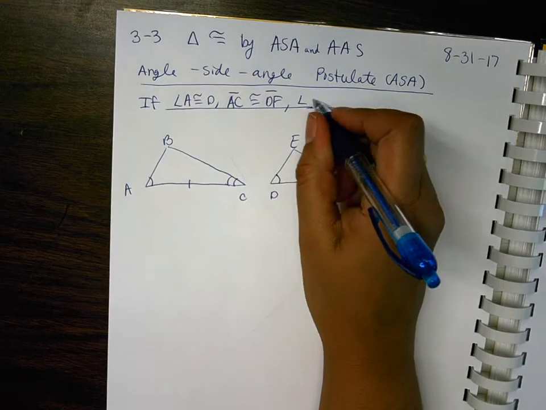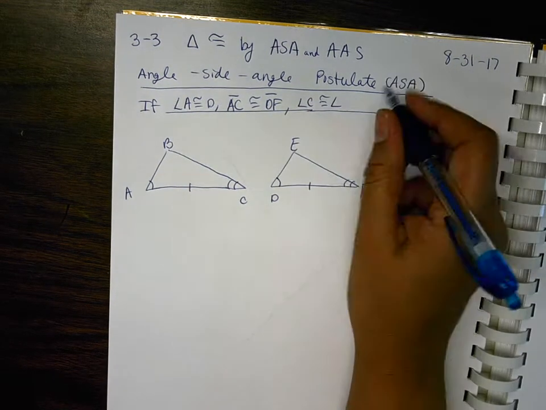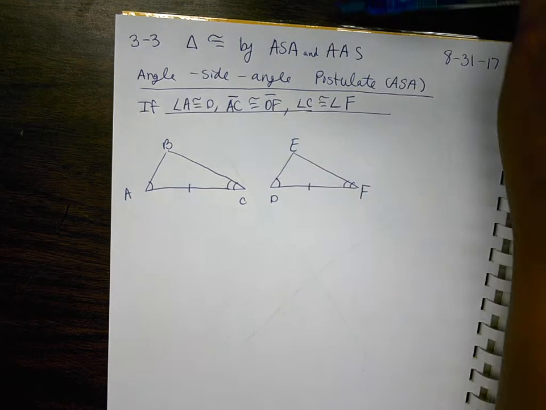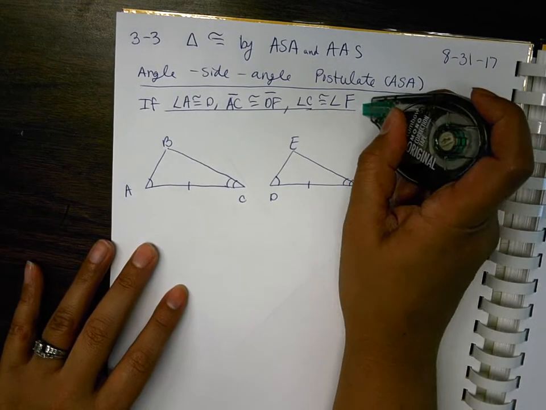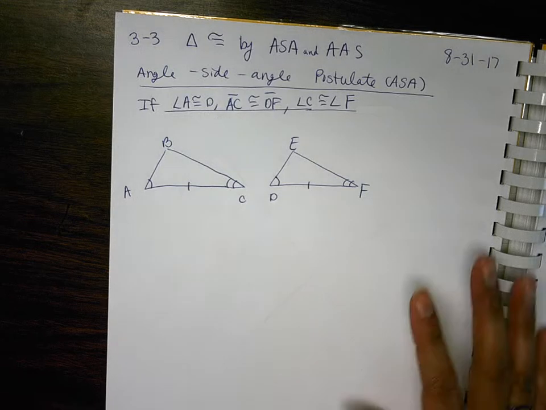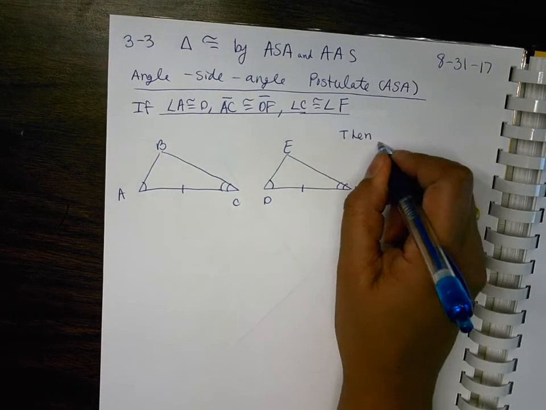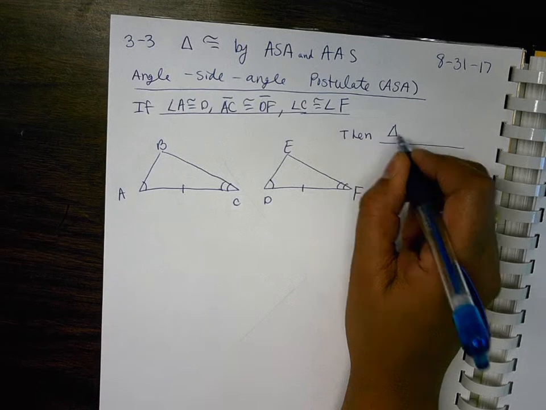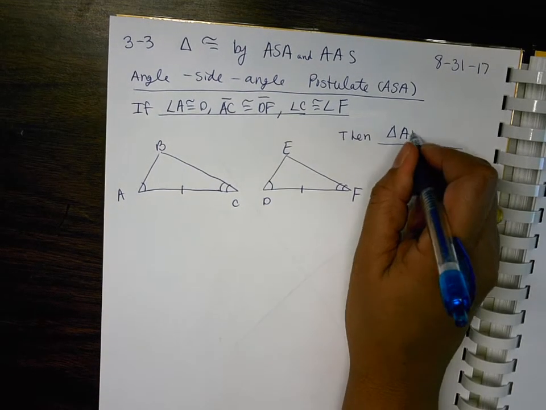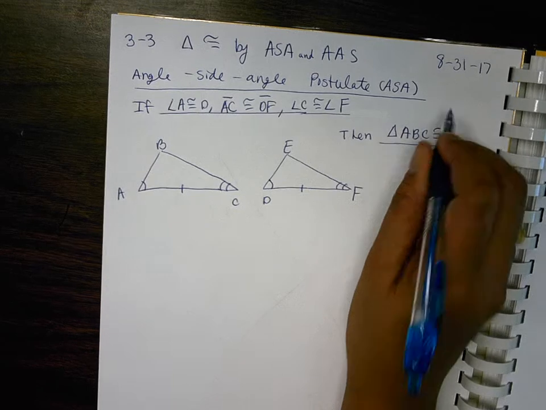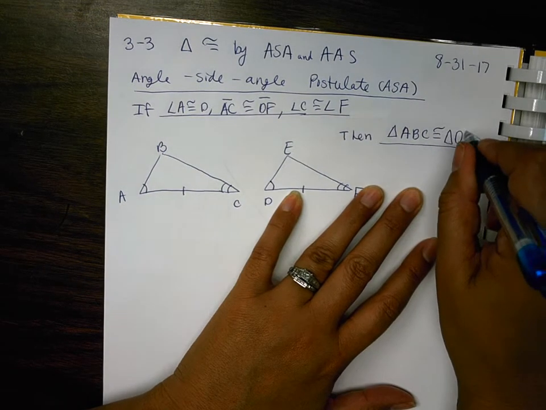Angle C is congruent to angle F. If we can prove this, or if this is given information, what can we then say about the two triangles? They are congruent, triangle ABC, and you have to go in that same order, is congruent to triangle DEF.